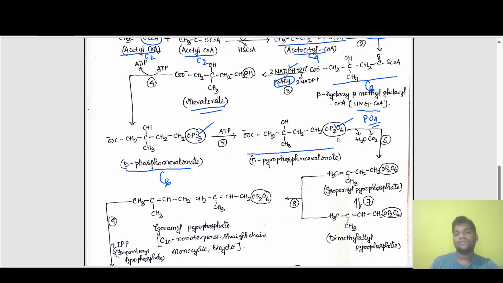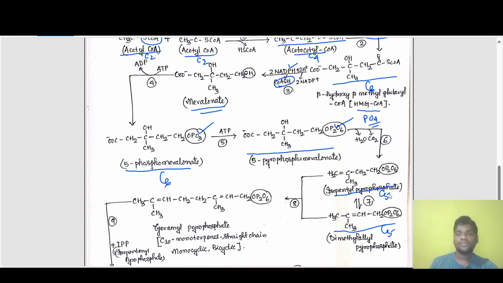Now this 5-pyrophosphomevalonate is converted into isopentenyl pyrophosphate. This isopentenyl pyrophosphate is a C5 type of compound, and it can also generate another C5 type of compound, that is dimethylallyl pyrophosphate.